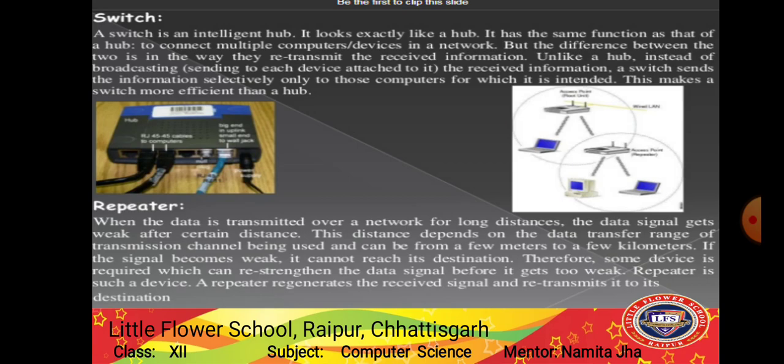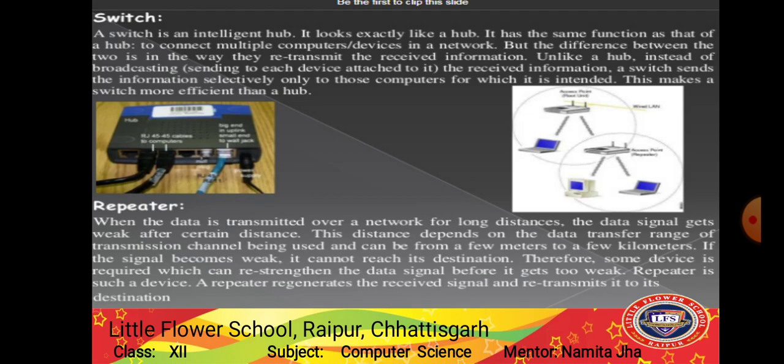What is a switch? A switch is an intelligent hub. It looks exactly like a hub. It has the same function as that of a hub, to connect multiple computer devices in a network, but the difference between the two is in the way they retransmit the received information.